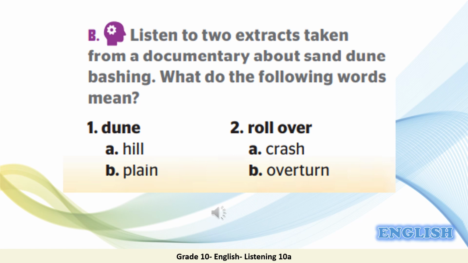Listening. B. Listen to 2 extracts taken from a documentary about sand dune bashing. What do the following words mean? 1. Sand dune bashing involves racing cars up and down the steep sand dunes.